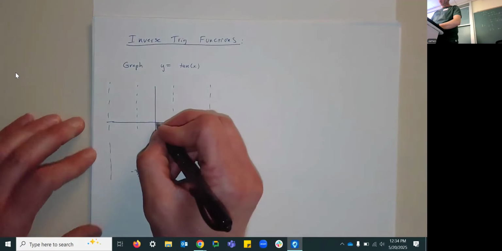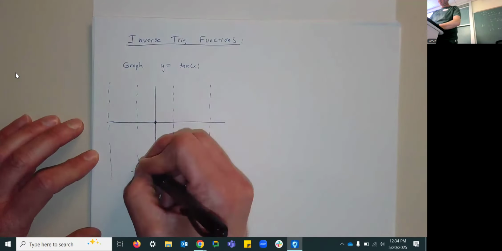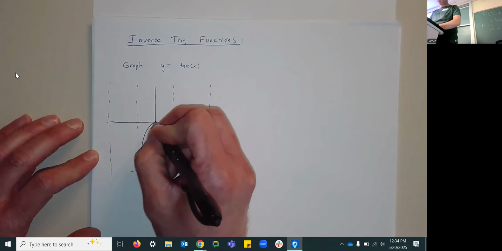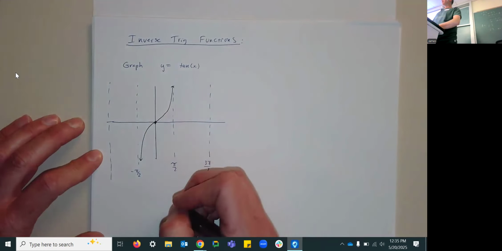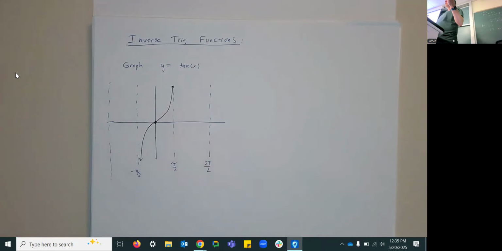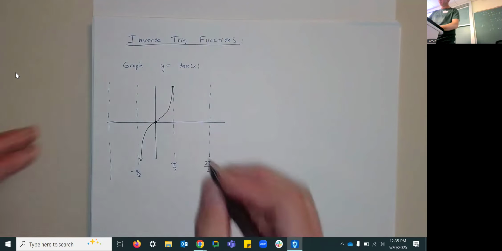It goes to the origin and kind of does this deal here, and then it just repeats itself, just like any trigonometric function. After you get one period of it, for tangent, the period is a length of pi, not 2 pi. And after you get one full period, it just repeats the same thing over and over again.